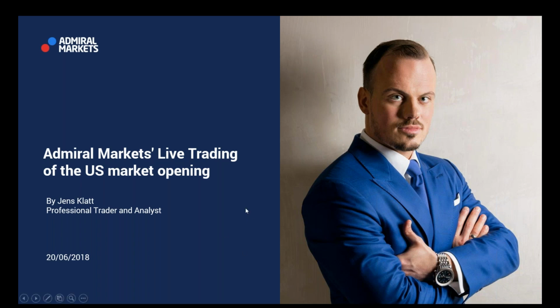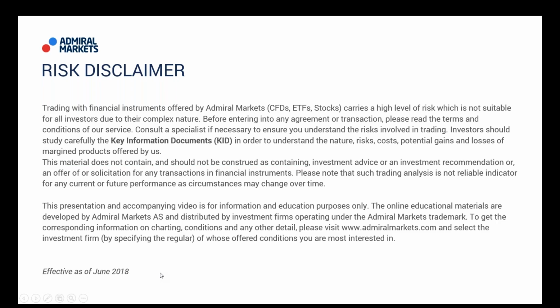profitability in their trading. But first of all, before we start, very important, we have to have a look at the risk disclaimer. You have to understand that trading with financial instruments offered by Admiral Markets, CFDs, ETFs, stocks, carries a high level of risk which is not suitable for all investors due to their complex nature. Before entering into any agreement or transaction, any trade, please read the terms and conditions of the service from Admiral Markets.